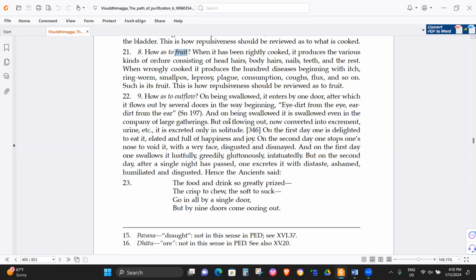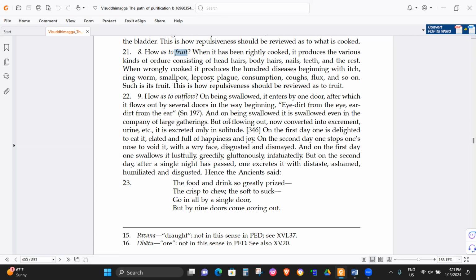On the first day, one is delighted to eat it, elated and full of happiness and joy. On the second day, one stops one's nose to void it with a wry face, disgusted and dismayed. And on the first day, one swallows it lustfully, greedily, gluttonously, infatuatedly.